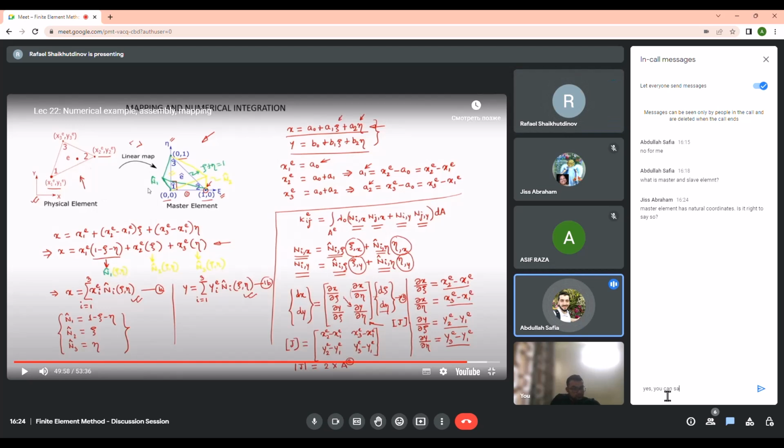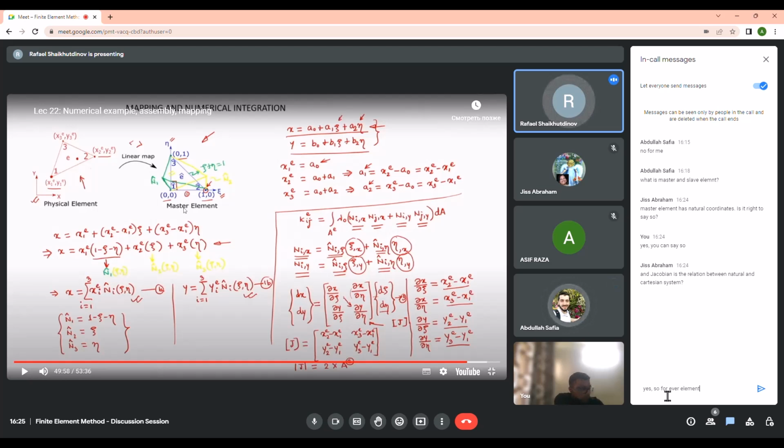You mean the master element is the element with the parametric axis? Yes, this master element is very easy. We can easily integrate this function in the master element, and there exists a way of integrating this. So all physical elements will be mapped into the master element, and the procedure of integration will be the same for all physical elements.